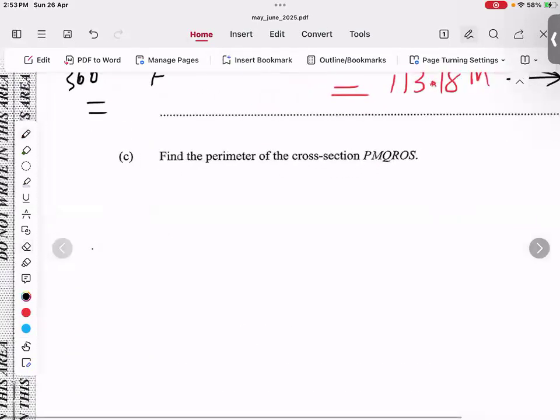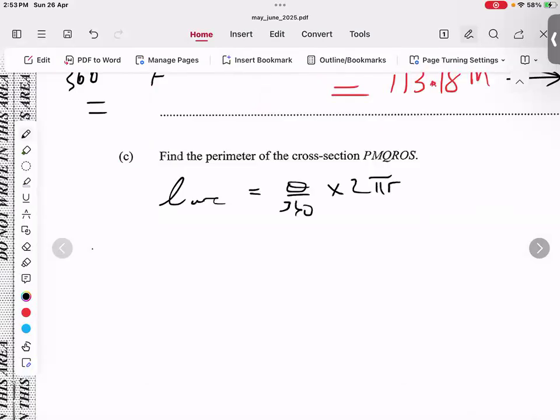Length of arc is equal to theta over 360 times 2 pi r. So the angle is 40 divided by 360 multiplied by 2 times 22 over 7.